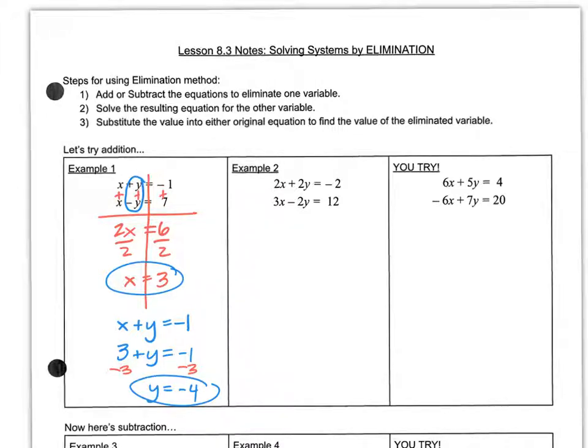Example 2, 2x plus 2y equals -2 and 3x minus 2y equals 12. So again, I'm going to add straight down. I put this plus sign in between each of the things I'm adding so I don't get it confused with the other plus signs and minus signs you see in this problem. I suggest you do the same thing.